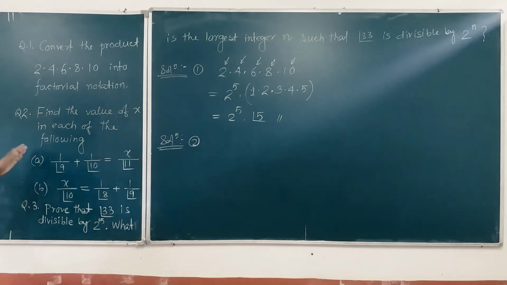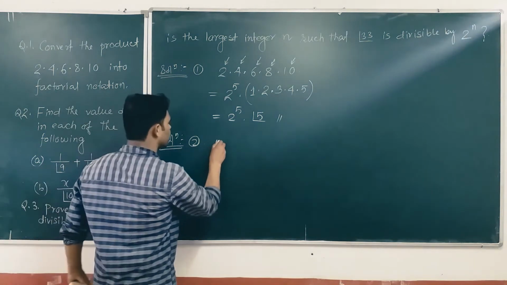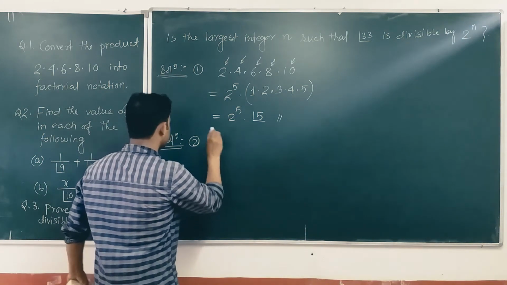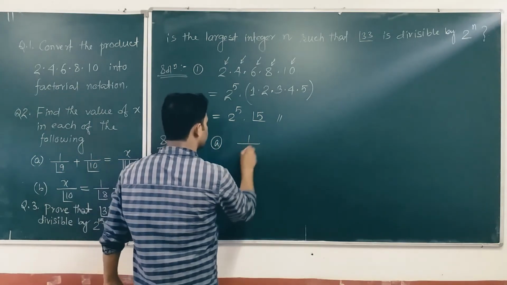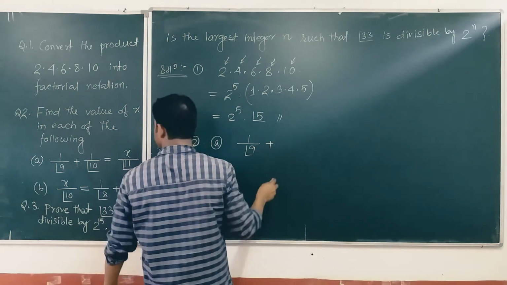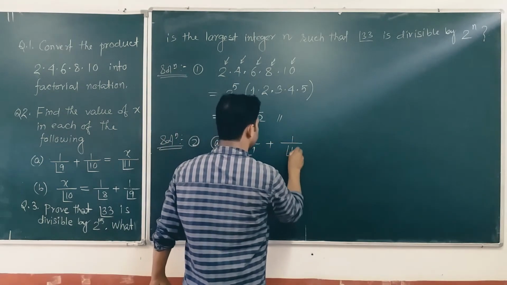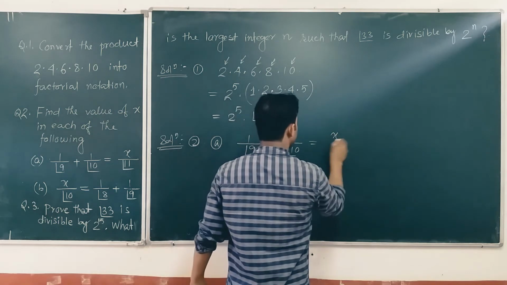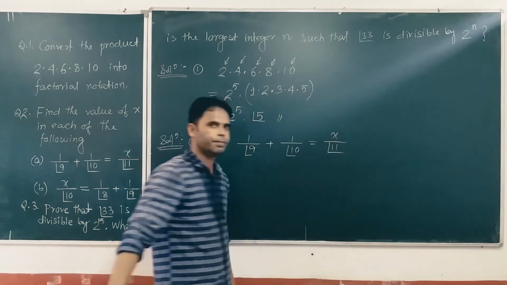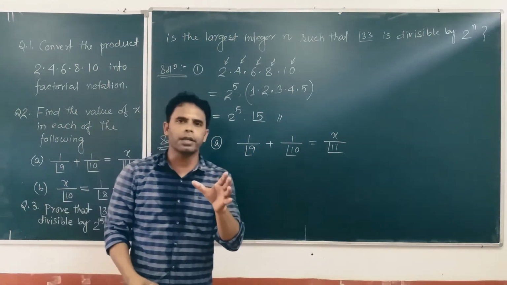You take any one of them, and then the second one we will do later. Let me solve the first question, part a. Write the expression first: 1 by factorial 9 plus 1 by factorial 10 equals x by factorial 11. Very simple, just use the property of factorial.